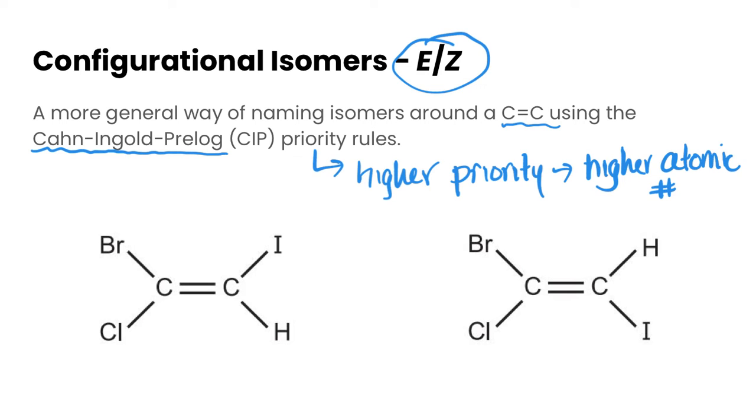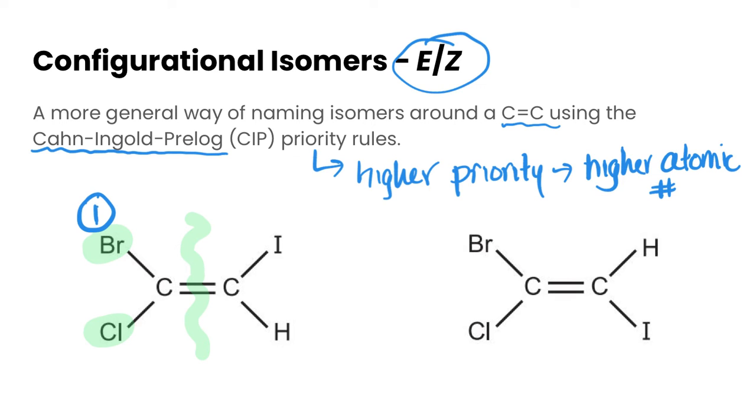And so if we take this first molecule here and we look at between the bromine and the chlorine, so we want to look on each side of that double bond, then bromine has an atomic number of 35, chlorine has an atomic number of 17. So because bromine has a higher atomic number, it's going to get the priority.